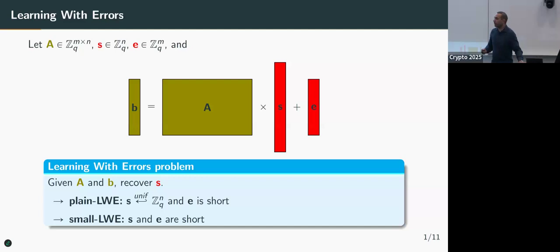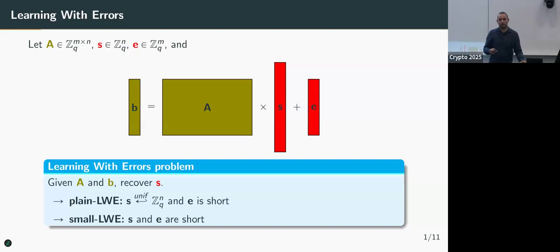The learning with errors problem can be stated as follows. Let A be a public matrix over Z_q, and S and E two secret vectors over Z_q, and let the vector B equal A times S plus E. Given A and B, one wants to recover the secret vector S. What I will call the plain LWE problem is when the secret vector S is drawn uniformly at random from Z_q^n and E is a short vector.